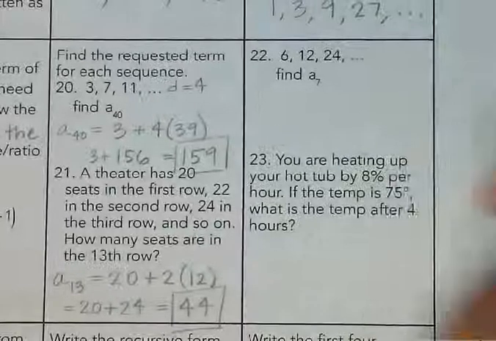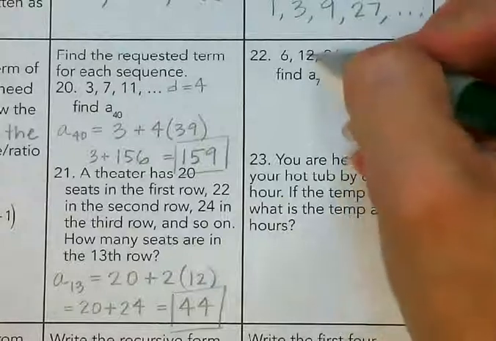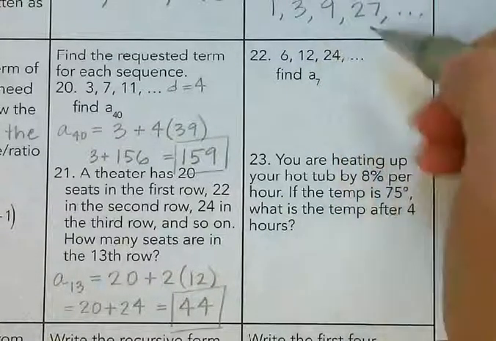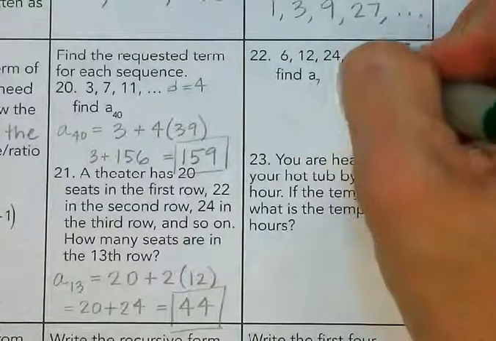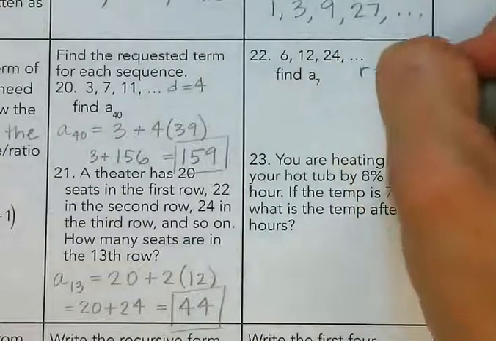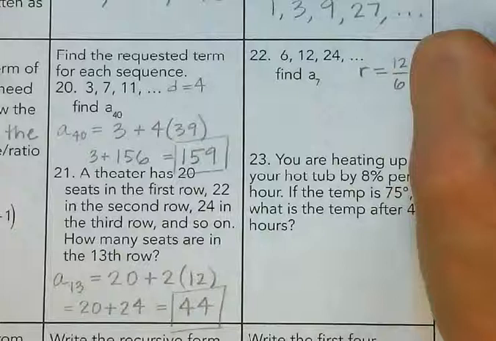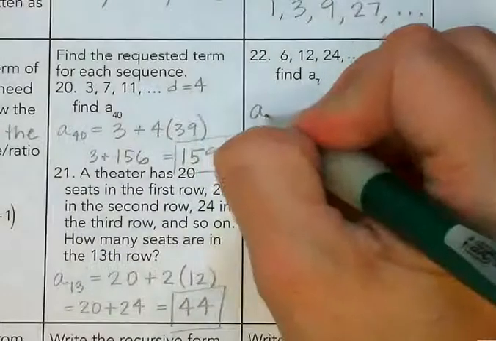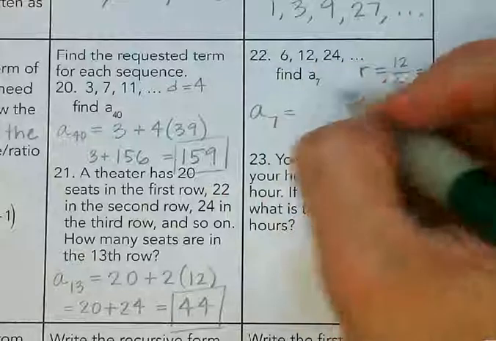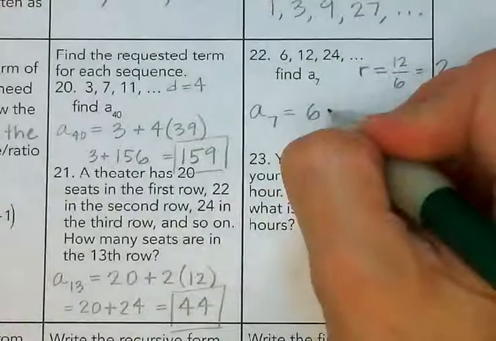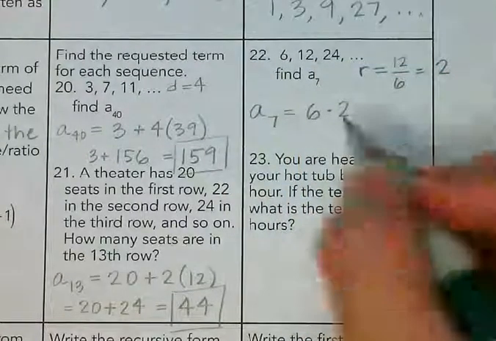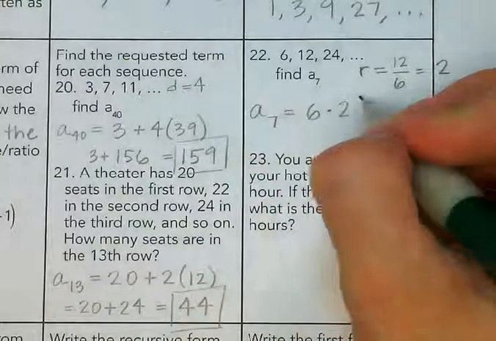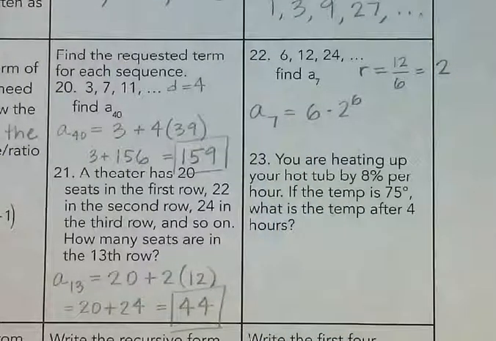Okay, moving on to number 22. This time I can see that the difference there is 6, but the difference there is 12. So this must be a multiplying and dividing one. And if we do 12 over 6, we find that the pattern is that we're multiplying by 2. So to get A7, we're going to take the first term, which is 6, and then we're going to multiply by 2. But since I want the 7th term and I know the first term already, I only need 6 more terms.